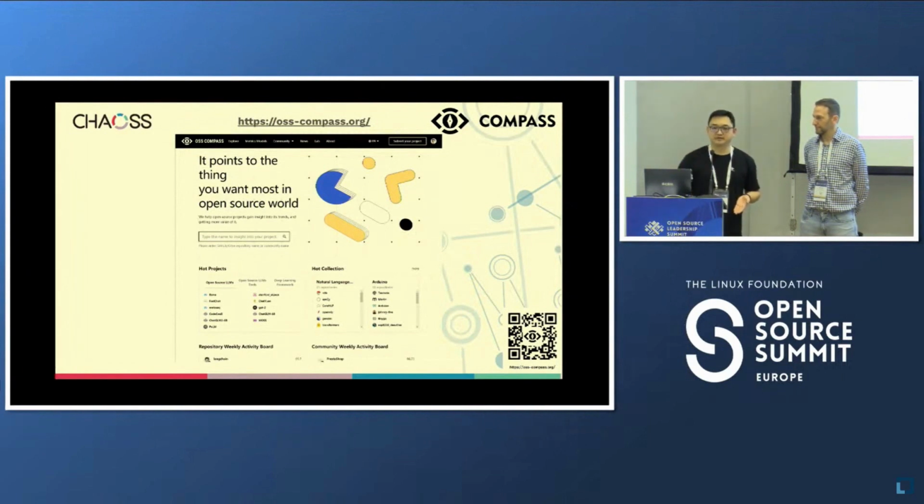All you need to do is type the project you are interested in, located on GitHub or Git, find it, and check out the insight report based on the 4 metrics model I just introduced before. And in case you didn't find it, it doesn't matter, because in the top right corner of this homepage, you can submit your interested project or communities.